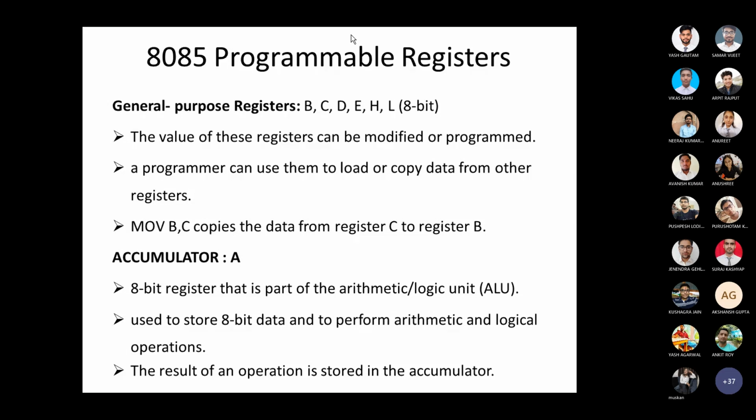We have different general purpose 8-bit registers: B, C, D, E, H and L. The value of these registers can be modified or programmed when we want. A programmer can use them to load or copy data from other registers. Suppose we have an instruction MOV B, C. This is called move C to B.